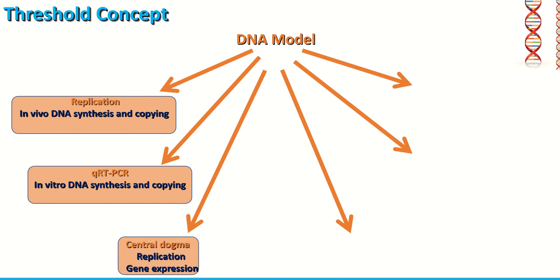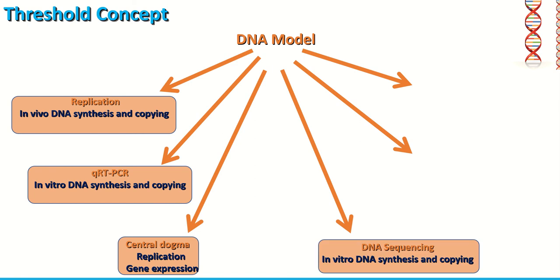Also, understanding the DNA model is important for understanding the central dogma, as the central dogma is copying of the double-stranded DNA and then expression of the gene. So understanding the DNA model will facilitate better understanding of the structure of the gene. Also crucial in molecular biology for analysis of DNA, looking for variation within the sequence, is DNA sequencing, which involves in vitro DNA synthesis and copying.